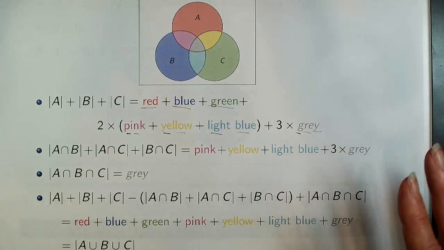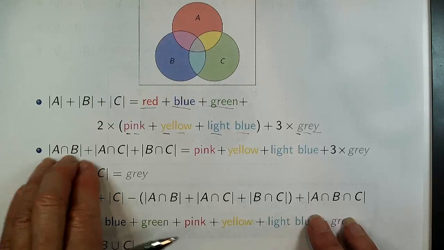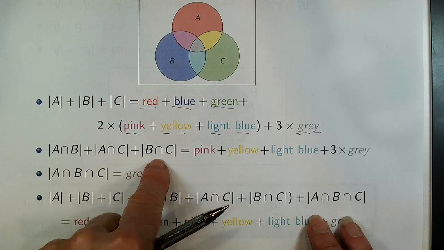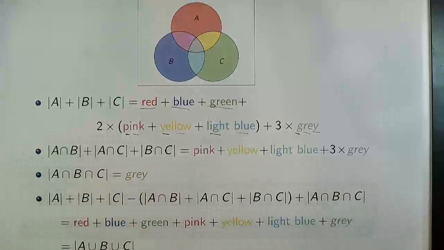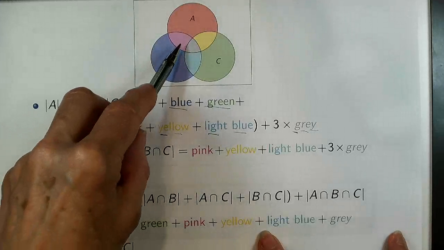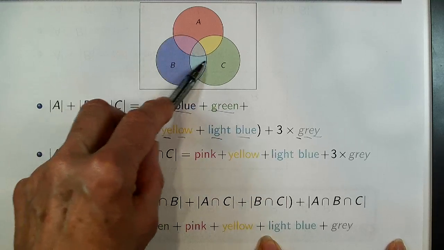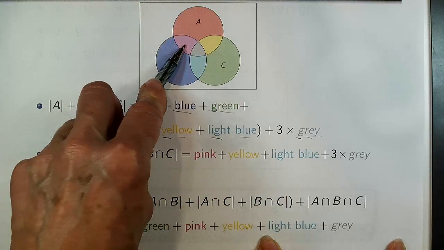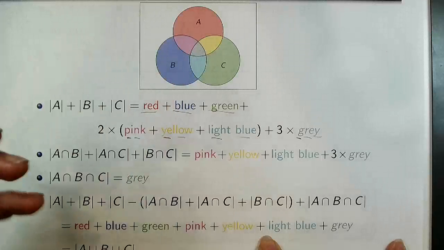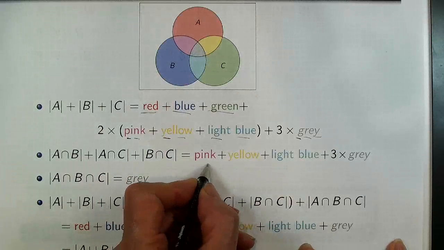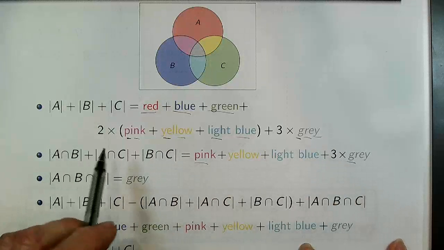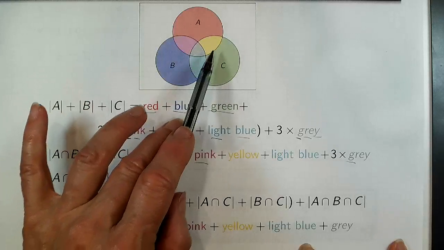Okay, next, let's consider the intersections. What happens if we look at the 3 ways in which the 2 sets can intersect? What are the cardinalities there? A intersect B is the pink and the grey region. So the cardinality of A intersect B is the cardinality of the pink plus the cardinality of the grey. When we do A intersect C, we get yellow and grey.